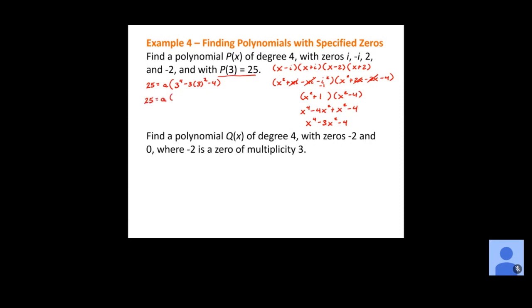So if we simplify this now, what's 3 to the fourth power going to be? That's 81. Good. Then we have a negative 3 times 3 squared. Well, 3 squared is 9. If we multiply 9 times negative 3, what's that going to be? Negative 27. Good. And then we have our minus 4. So now if we combine all of that, what's 81 minus 27 minus 4?